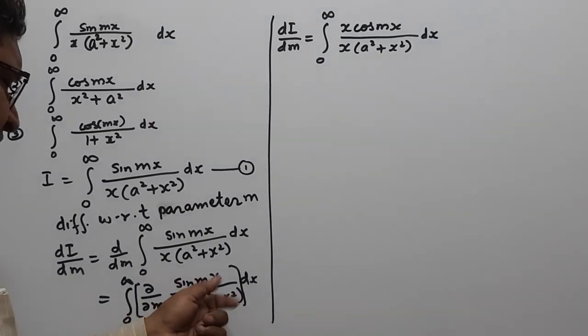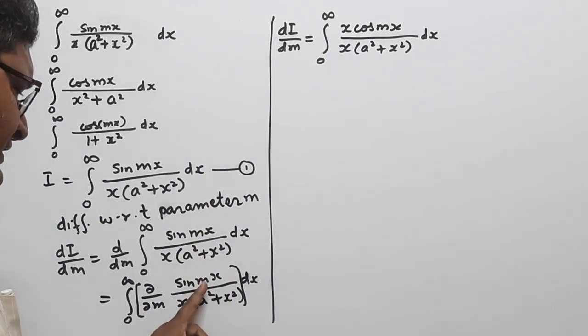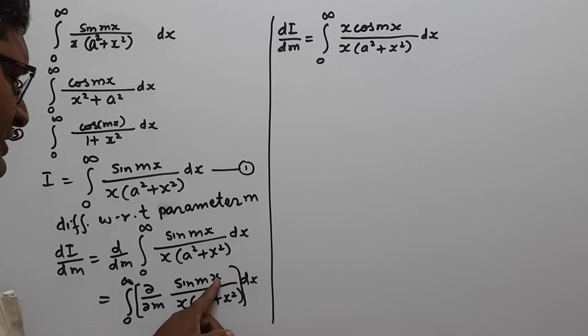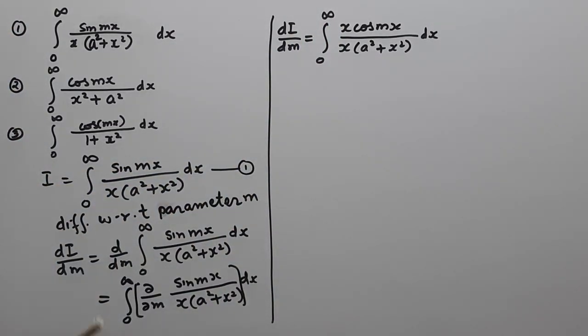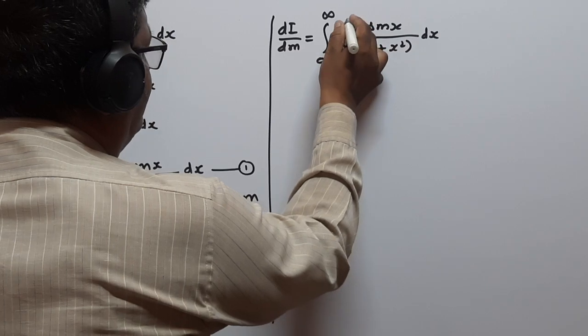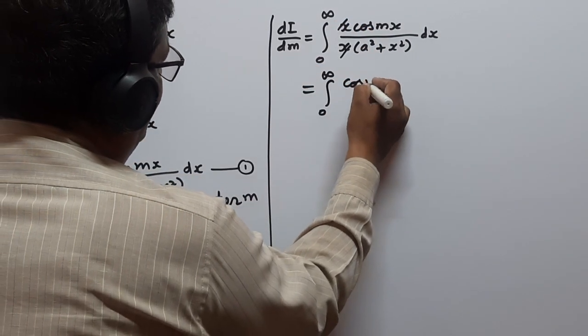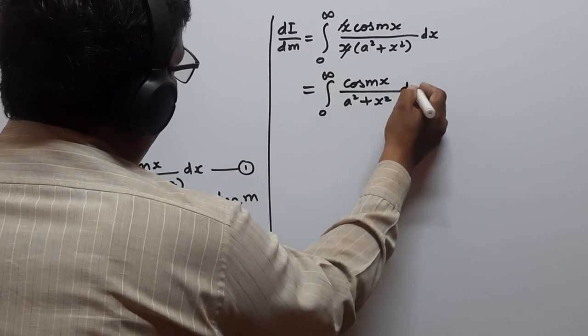Here when we differentiate sin mx with respect to m, we get cos mx, and when we differentiate mx with respect to m, x is constant, so we multiply by x. Now we can see here this x is cancelled out, so this can be written as the integral from 0 to infinity of cos mx divided by a square plus x square dx.